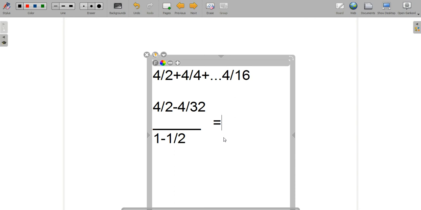Okay, so it's 2 minus 1/8. So 2 minus 1/8 is like 15 over 8 or something. Oops. Divided by 1 over 2.